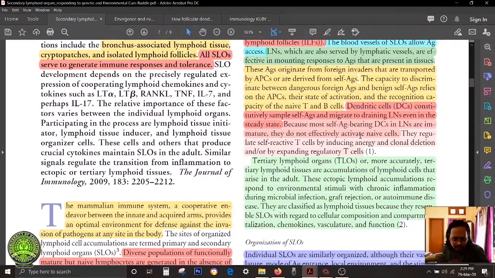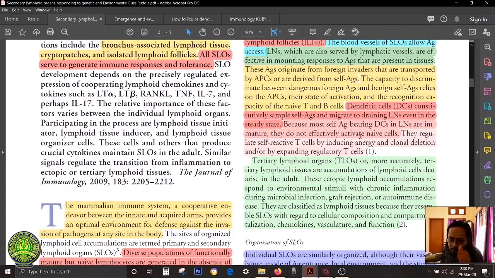While they are digging through it, they are also binding some of these antigens on their receptors. We'll talk about these receptors later. These APCs are not good enough to activate a B cell, which can then stimulate antibody production. They are not good enough to trigger the activation of cell-mediated immune response.